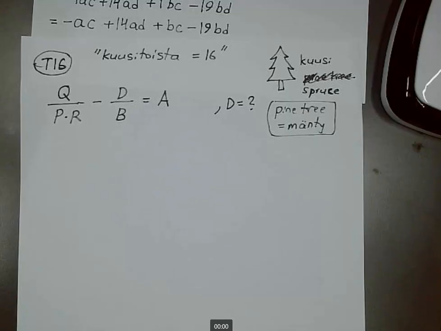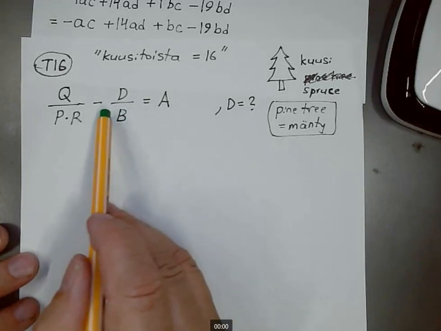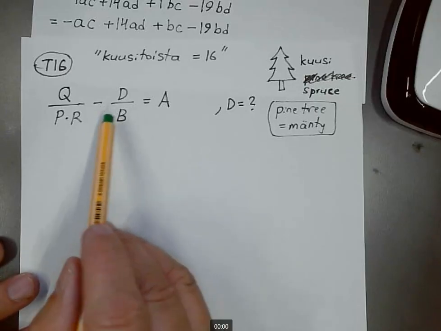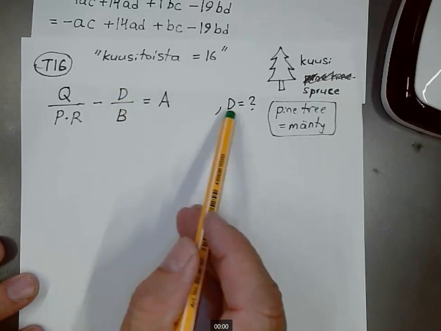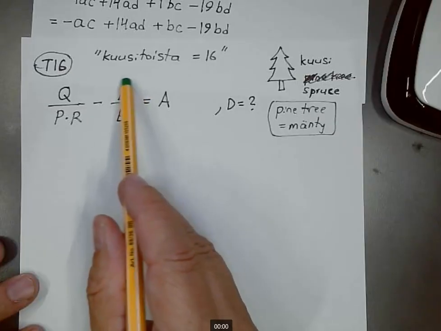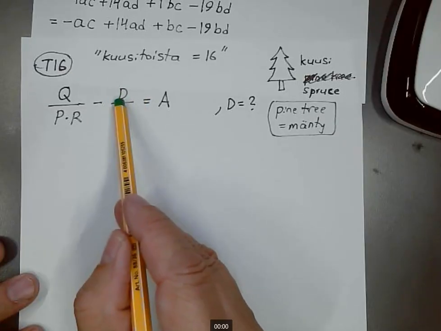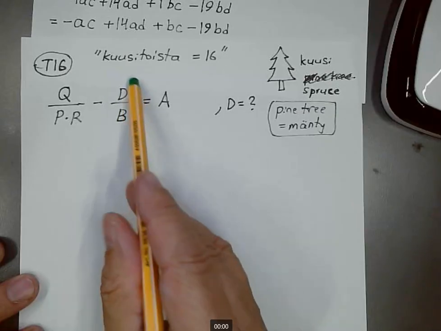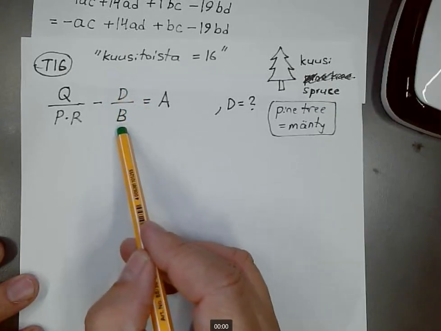I would do this. There are many ways to solve this, but usually I watch the sign. I found this D letter here, so this should be solved. And it is in this fraction part.